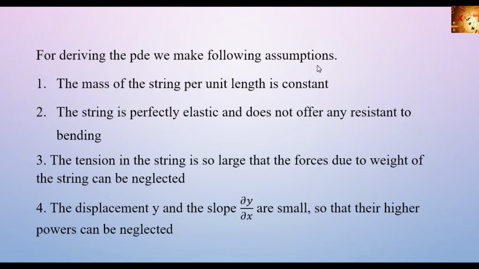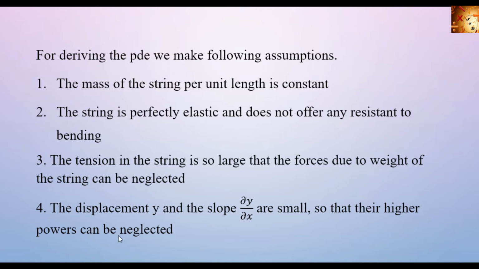These are the assumptions for deriving this wave equation. The first assumption is the mass of the string per unit length is constant and the string is perfectly elastic, that is, it does not offer any resistance to bending. The third one is the tension in the string is so large that the gravitational force will be negligibly small.